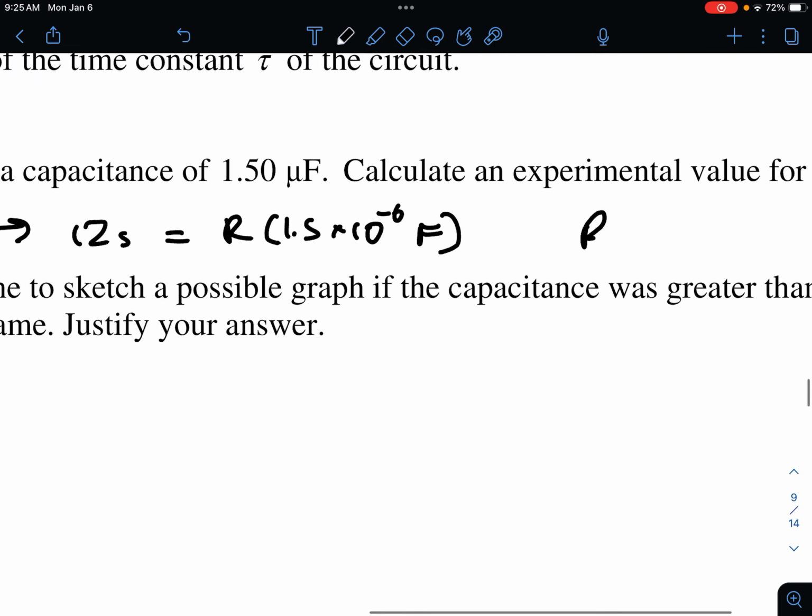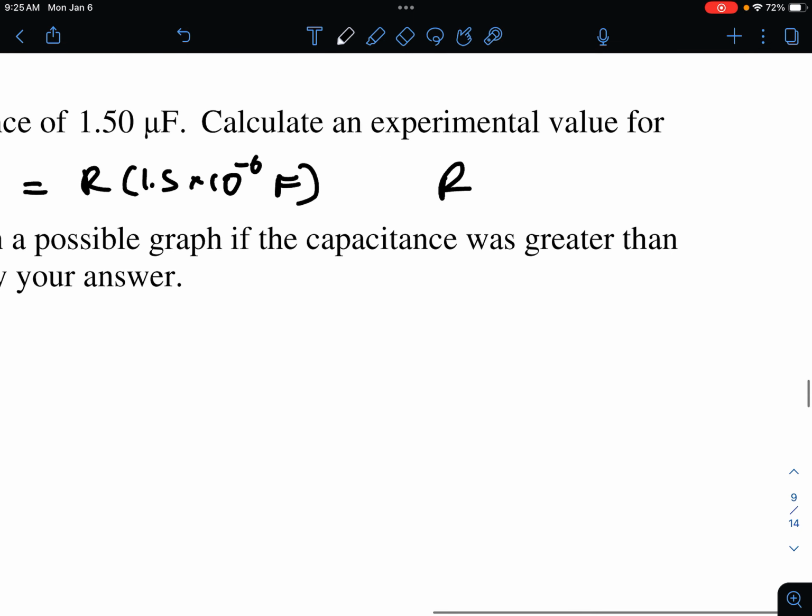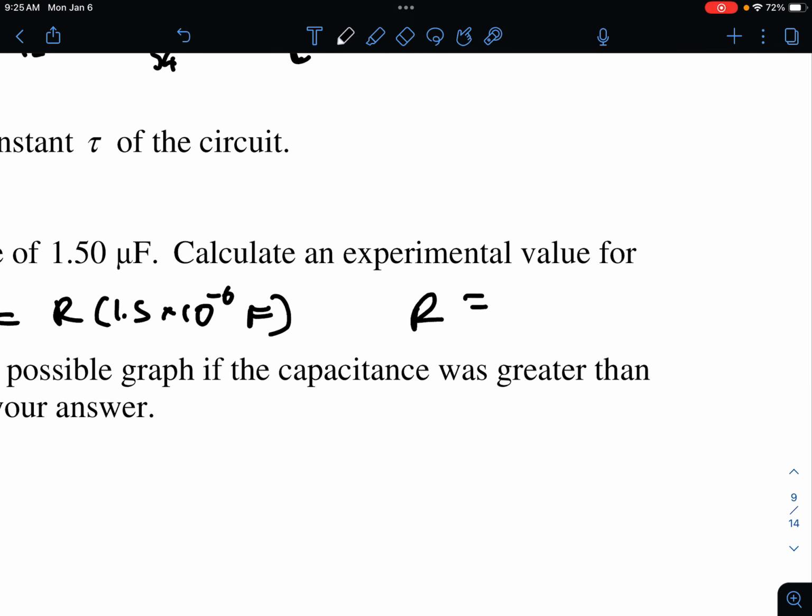And I get R if you divide 12 by the capacitance. Let me just do my calculator here. 12 divided by 1.5 times 10 to the negative 6. I get 8,000 something. Not 8,000. It's 8,000,000. So 8 million ohms. Goodness me. Which makes sense.